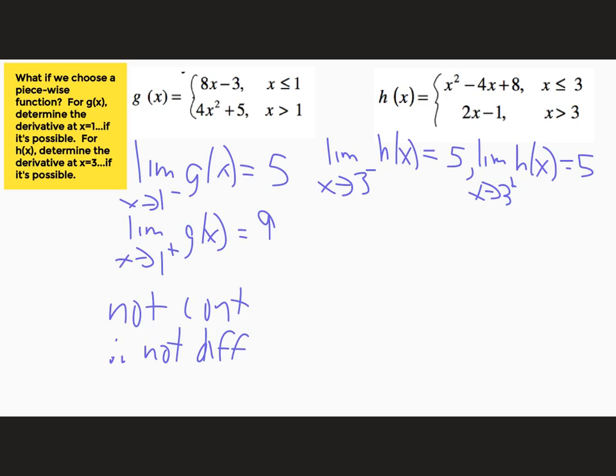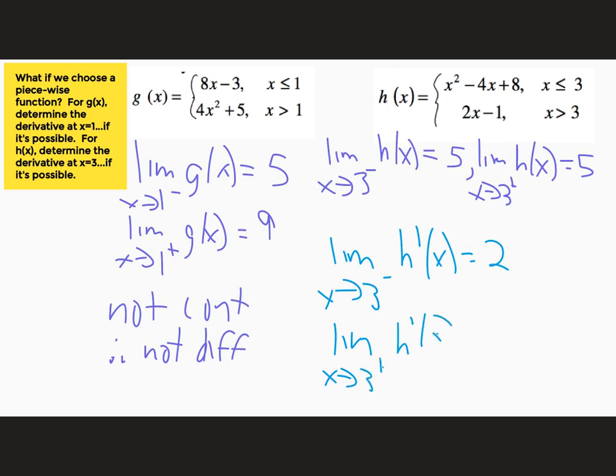But you should figure out that the limit as x goes to 3 from the left of h prime is 2, and the limit as x goes to 3 from the right of h prime is also 2. So we are differentiable. h prime of 3 is 2, sorry.